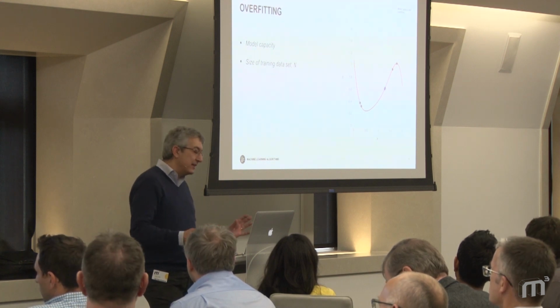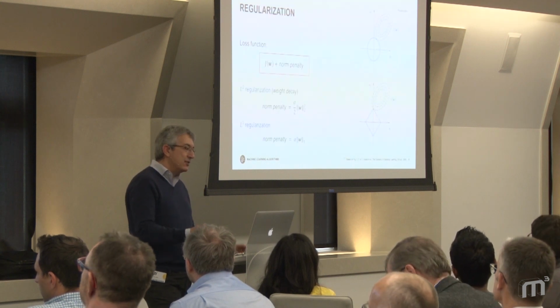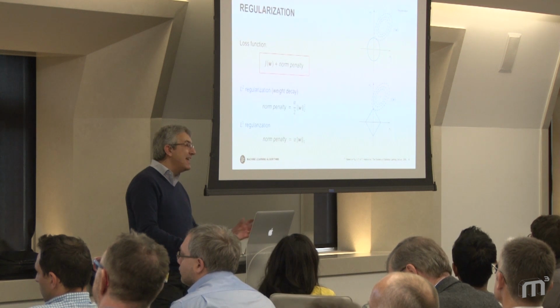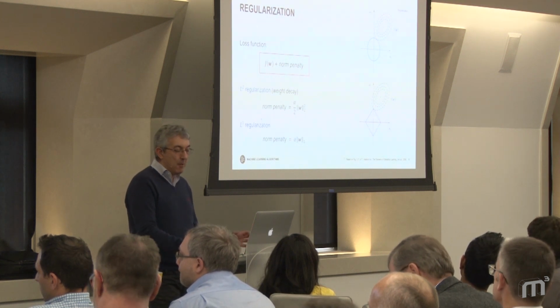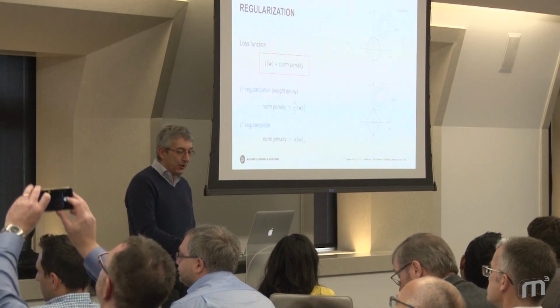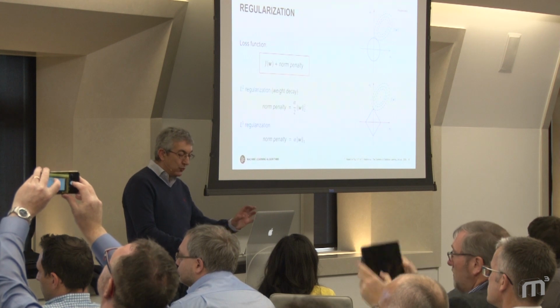And as I said, this is a very central problem in machine learning, and the very baseline way to approach this problem is to introduce regularization. Of course, there are many ways of regularizing a problem. A classical way is to introduce a norm penalty to the cost.